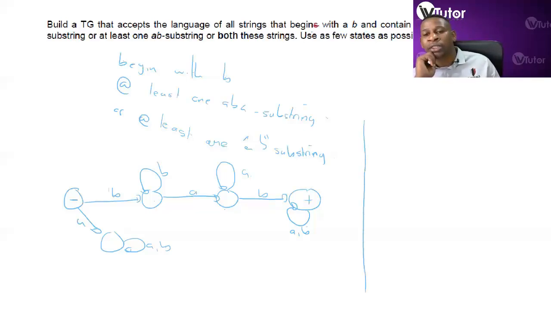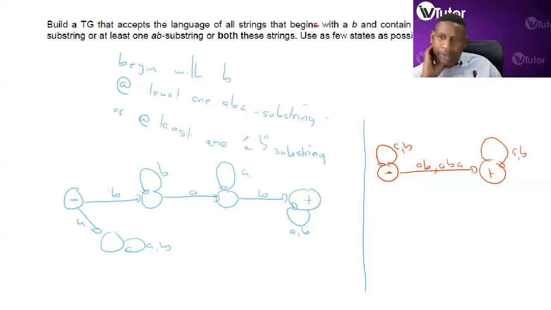A transition graph for this would be as follows. We can have an A or B here, then AB or ABA. Then we've got a final state with A or B, like that.